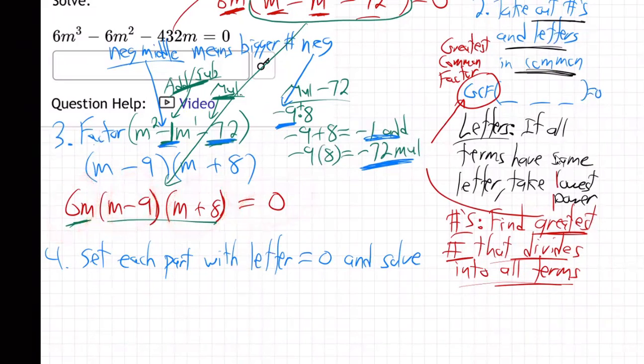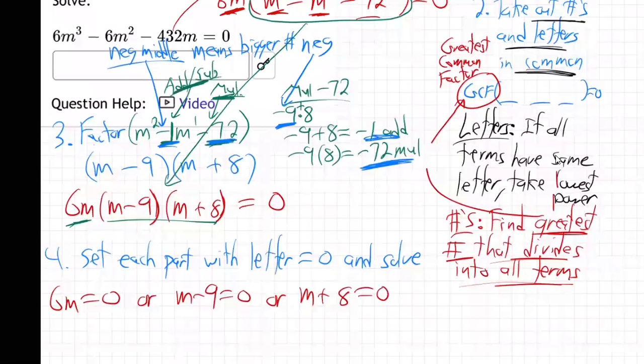That means any of them could be 0, right? So that's what we do. We say, okay, so the 6m alone could be 0, or the m minus 9 could be 0, or the m plus 8 could be 0. If any of those 3 pieces is 0, then when they're all multiplied, the answer will be 0.